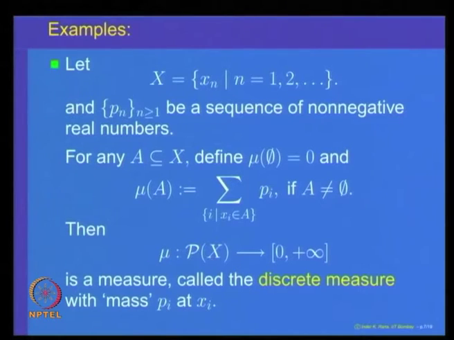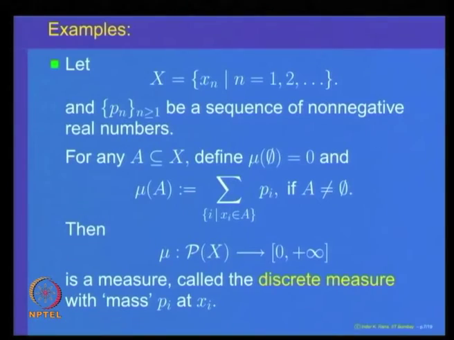Well, that is quite obvious, because mu of the empty set is defined to be equal to 0, and let us observe that if A is a singleton set, then mu of the singleton set is going to be the number p i. So, if a set A is a countable disjoint union of sets, let us check that this mu is a measure.